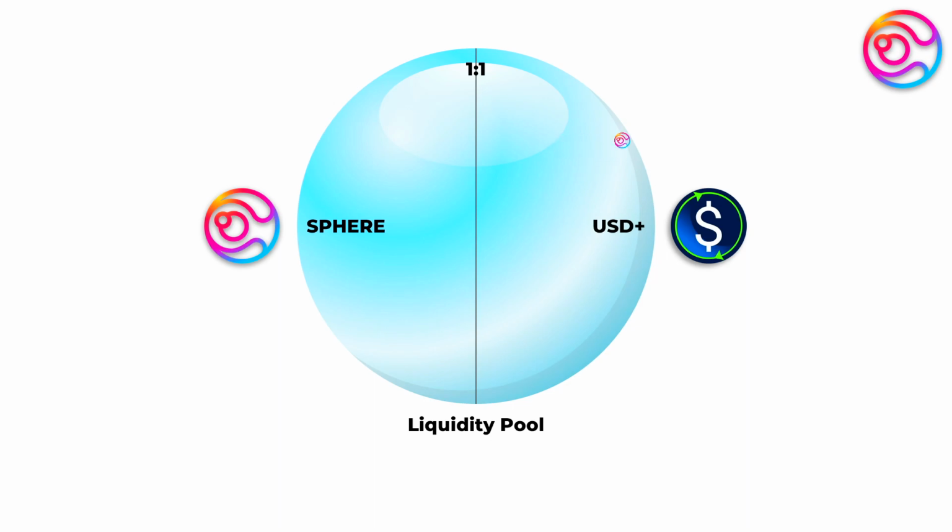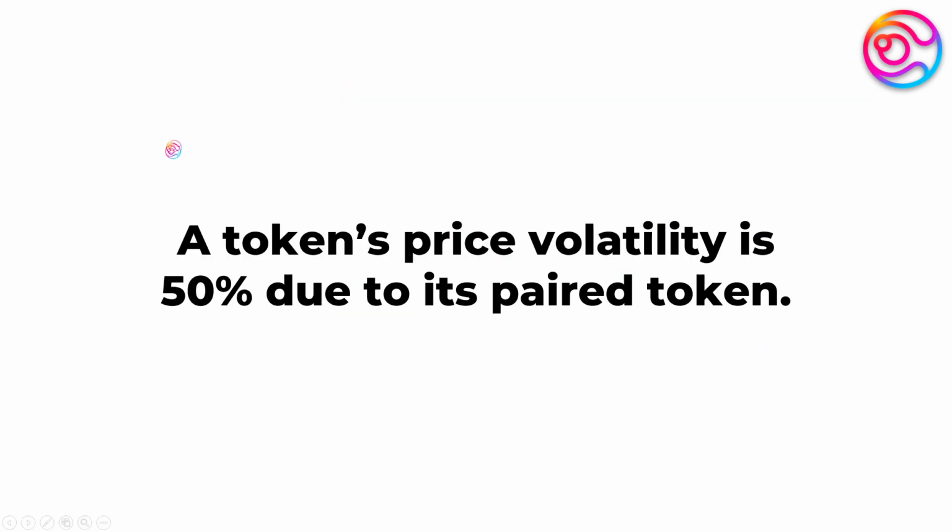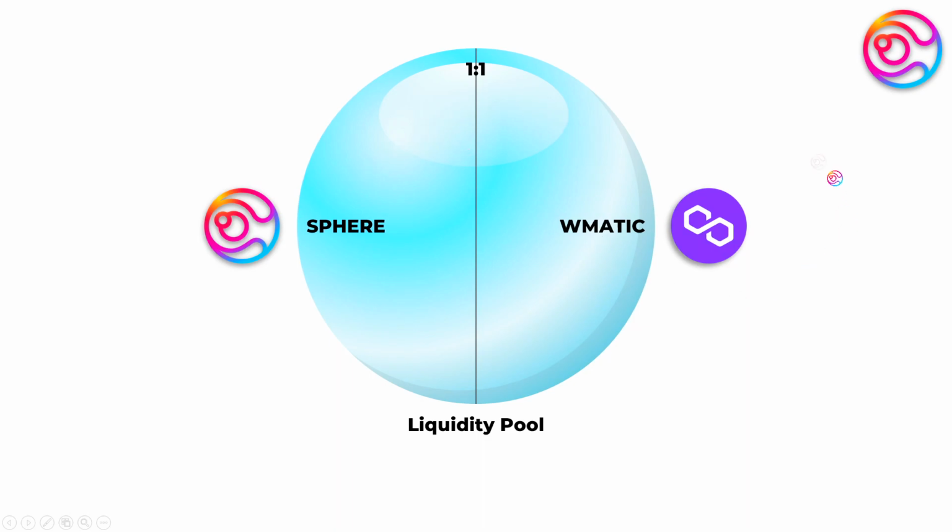Seeing as we are currently in a seller's market, this update will help improve the stability of the price of Sphere. Remember, 50% of the price volatility of Sphere is due to its paired token. So when Sphere was paired with Wmatic, Sphere benefited from the price appreciation of Wmatic, but it also suffered from the price depreciation of Wmatic.